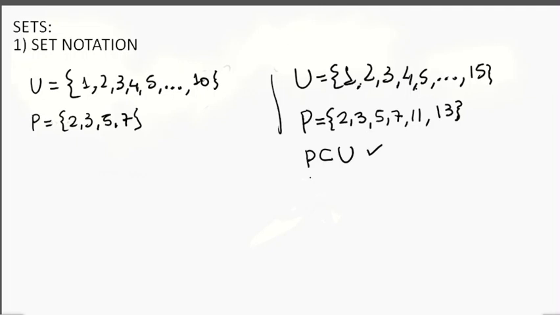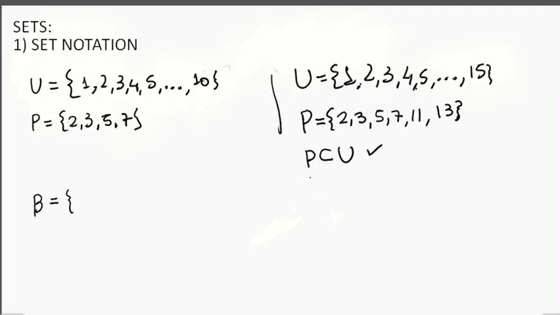Now, what if I asked you, what square numbers do I have? So let's create another set here, set B, and I ask you, what are all the square numbers from 2 to 10?